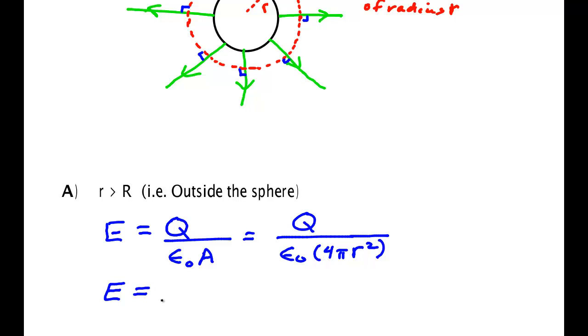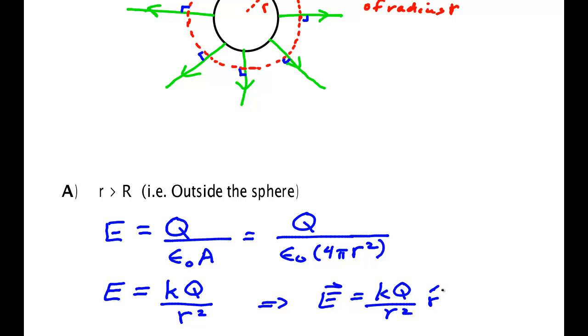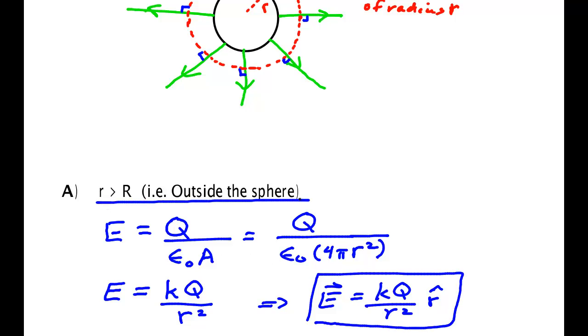Well, 1 over 4 pi epsilon naught, that's K. So KQ over r squared. And it points outward in the radial direction according to my field lines. So the answer, assuming that I'm outside the sphere, so I've enclosed all the charge, is just KQ over r squared r hat. This is just the formula that we had for the point charge, which you should already know.